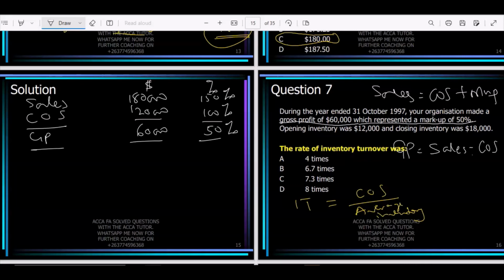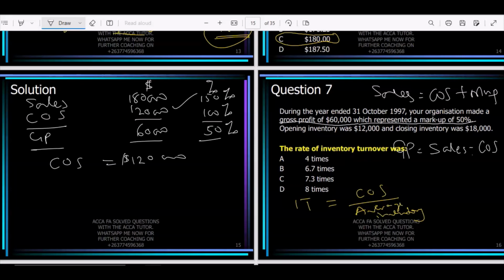Okay, I'm sure you are understanding where I'm coming from and where I am going. Okay, so we can easily see that the cost of sales has been determined as 120,000, and the winning formula.